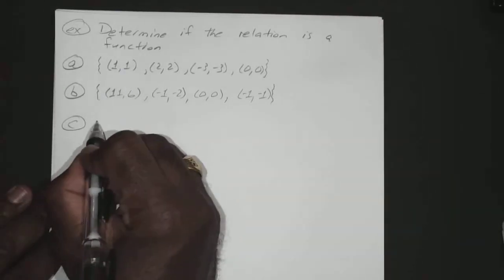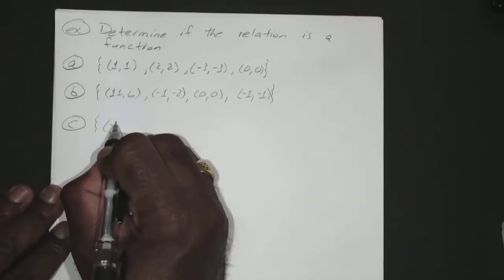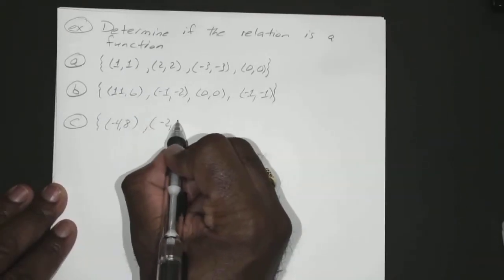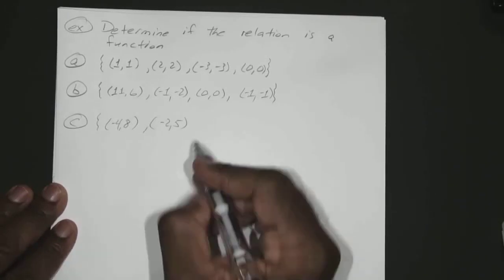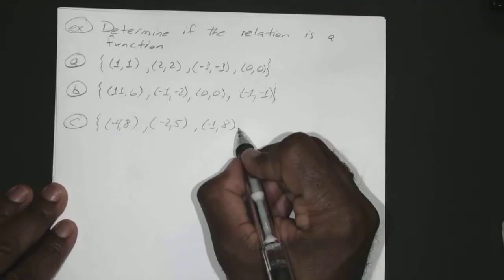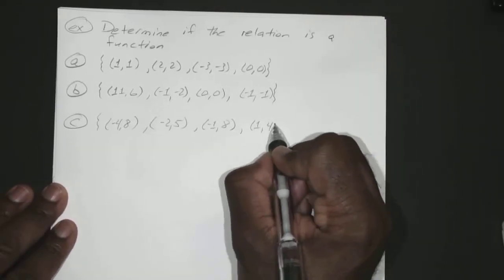And for problem C, you have (-4, 8), (-2, 5), (-1, 8), and (1, 4).